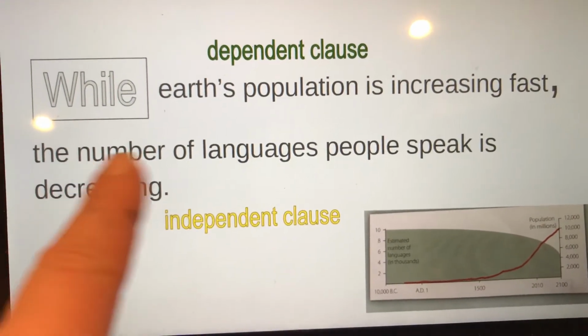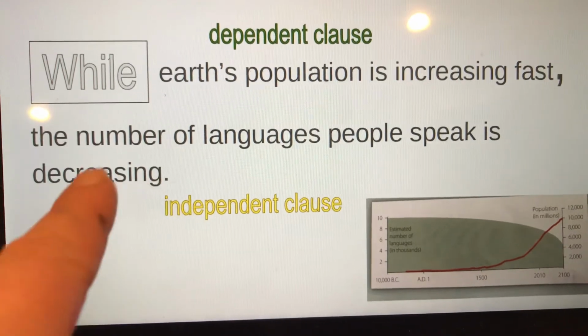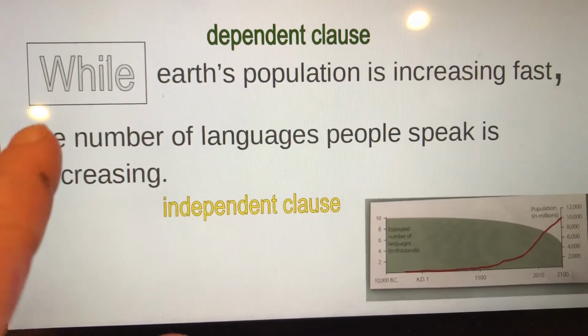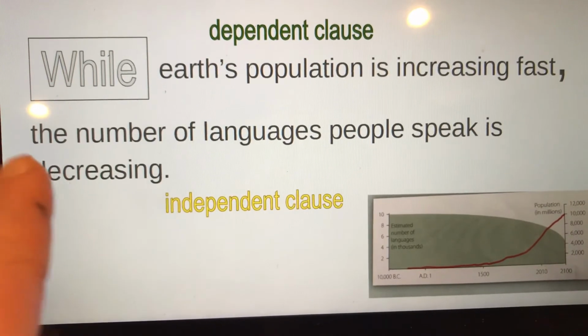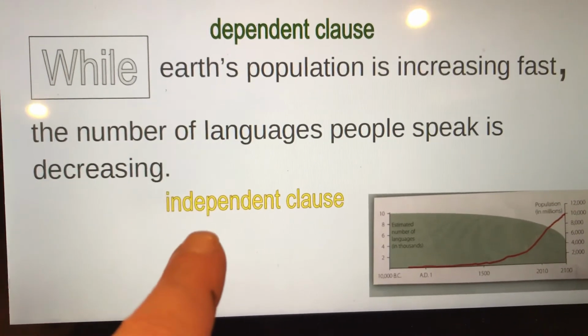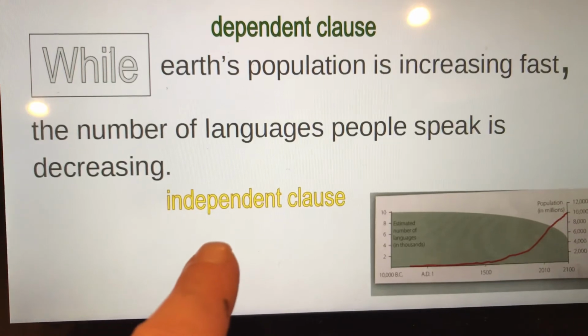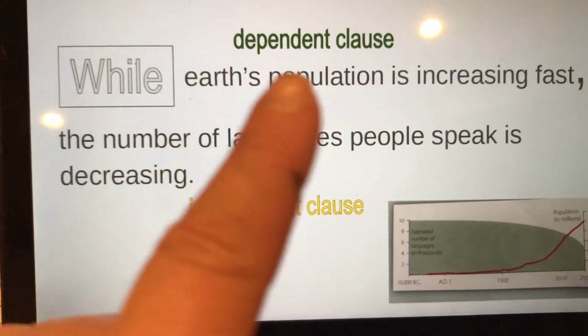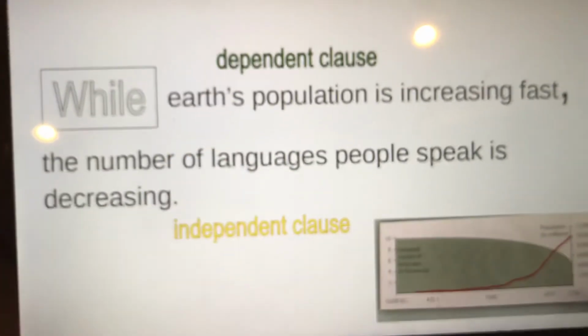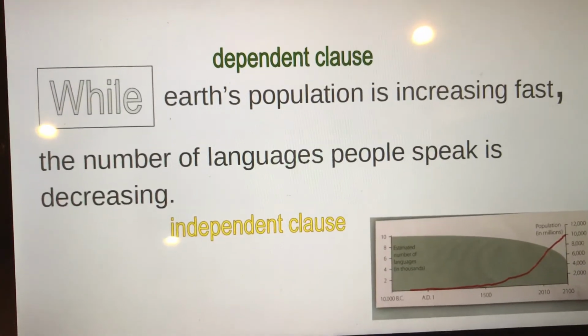Now, this is the independent clause because it can stand alone as a sentence. The number of languages people speak is decreasing. This could be a sentence on its own. It's independent. It can stand on its own feet. This clause up here is called the dependent clause because it depends on something else. It's not independent. Why?